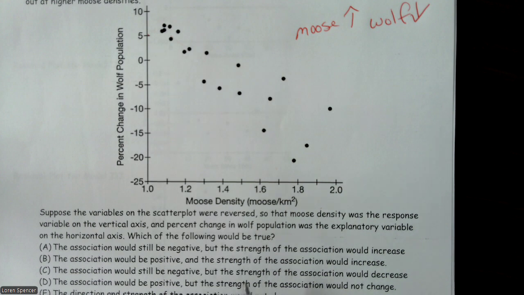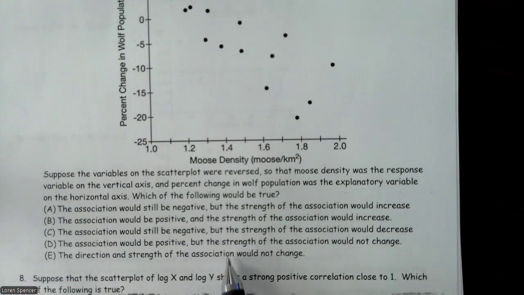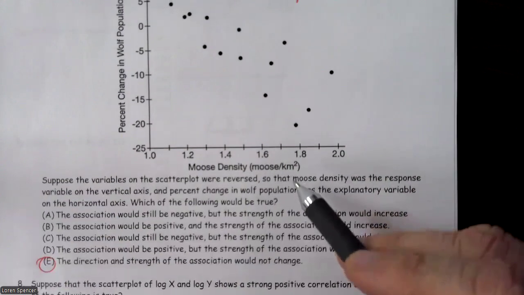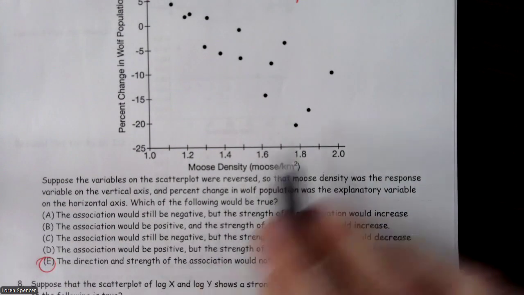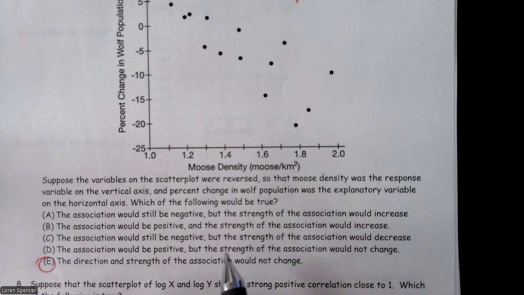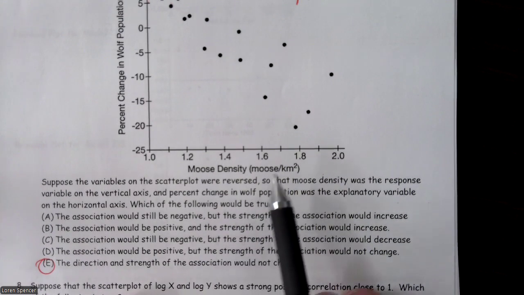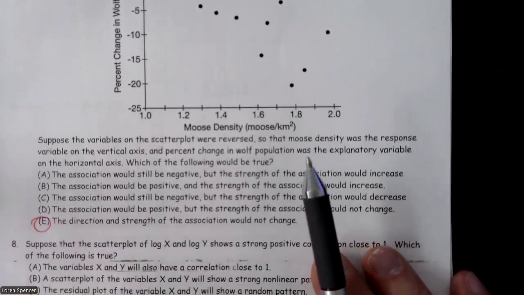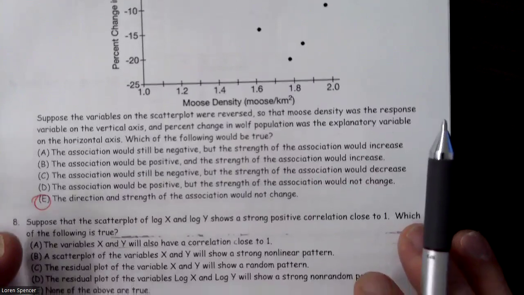So direction and strength of association do not change. Swapping the variables, and this is really important to know, swapping the explanatory and response variables will not change the relationship. So the relationship would still be negative, and the strength would be the same.